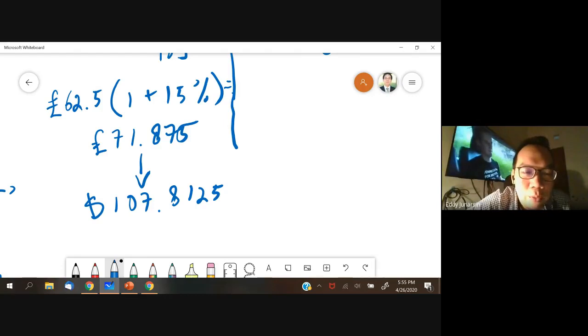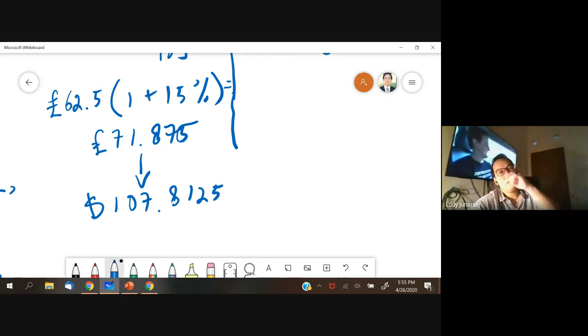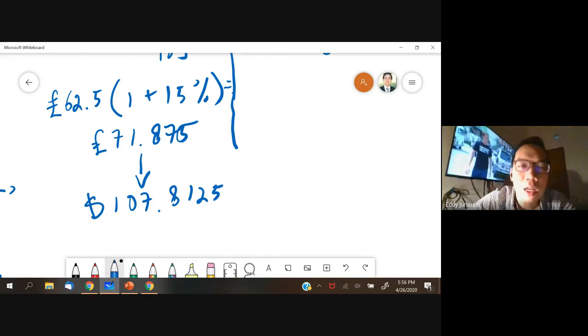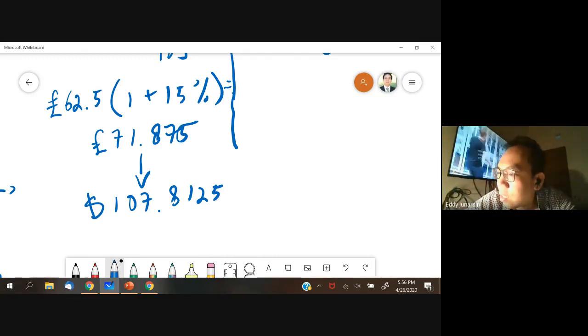But at the end of the year, when you repatriate the money back from the UK, it has become only 107.8 million. This is disappointing, right? So you are losing money compared to the expectation.